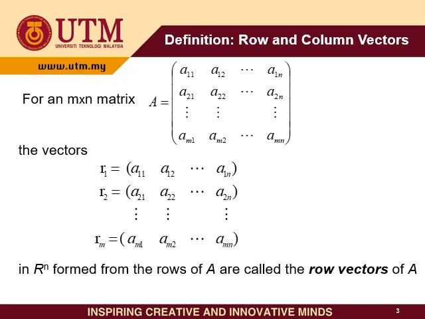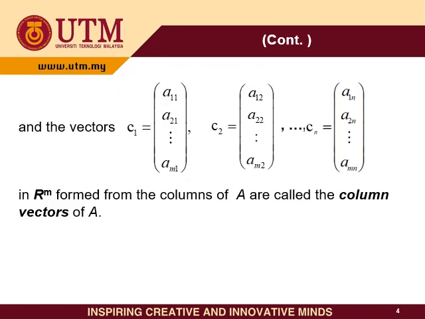As we can see, for an m by n matrix like this one, matrix A, the vectors in Rn formed from the rows of A, this is the first row, the second row, until the mth row, like this, are called the row vectors of A. Meanwhile, in Rm, the vectors formed from the columns of A are called the column vectors of A. You can see the columns here, this is the first column, second column, and the nth column.